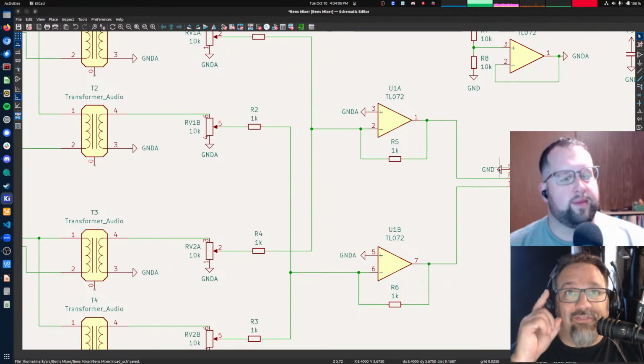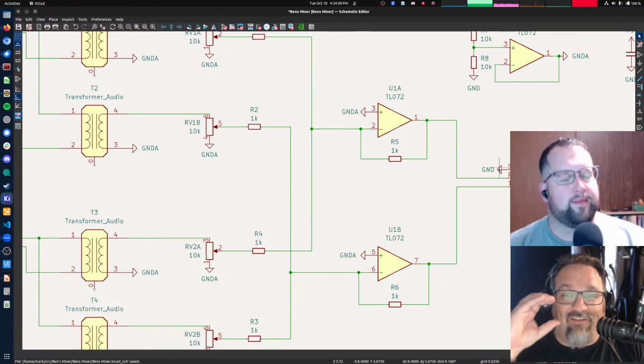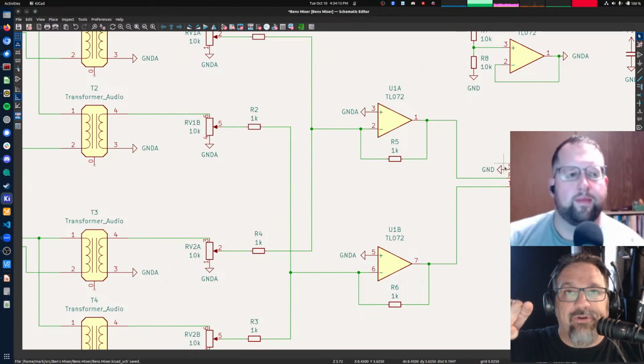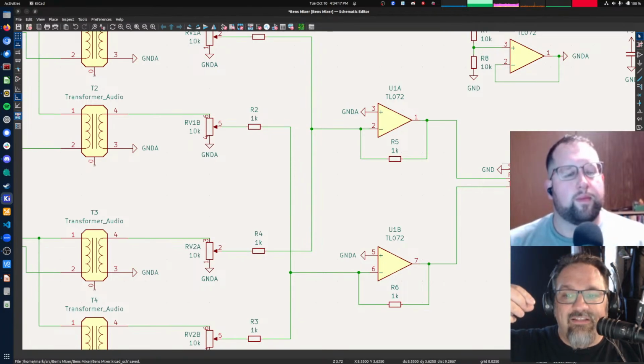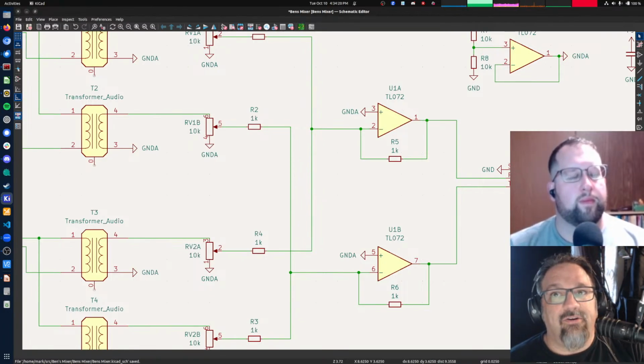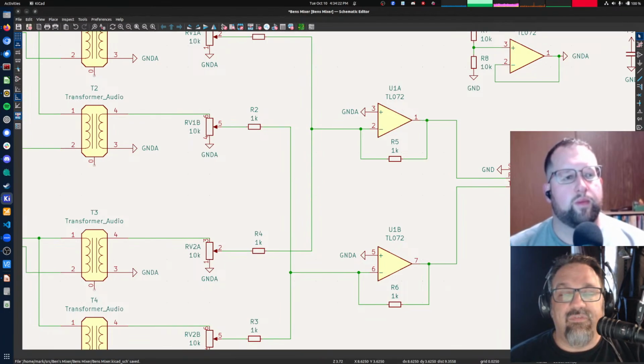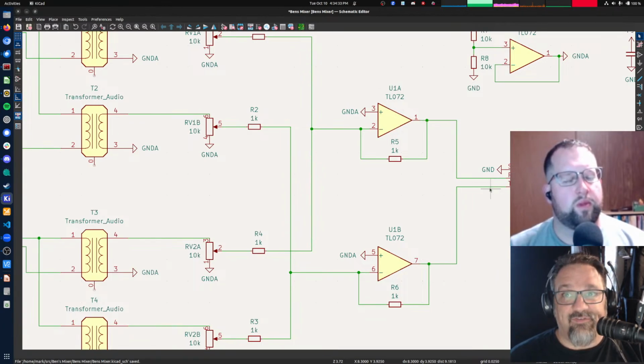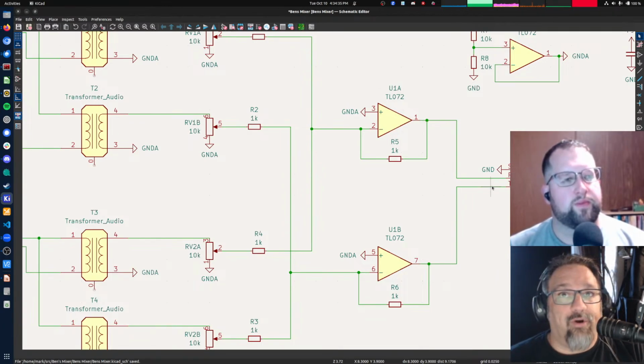We don't want that because that's a 4.5 volt DC voltage through that load, whatever that load is. In your case, it's going to be like the line level inputs on your Bluetooth transmitter and your powered amplifier. These need to be going around ground, not around 4.5 volts, because that 4.5 volt DC will cause us some problems.